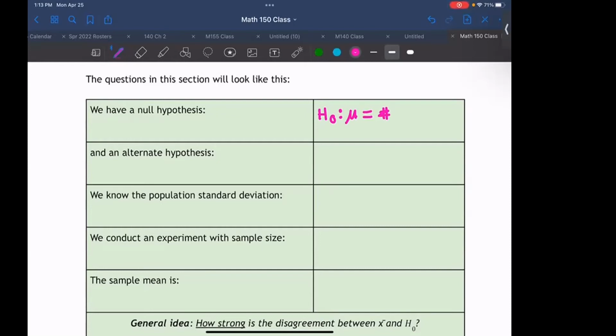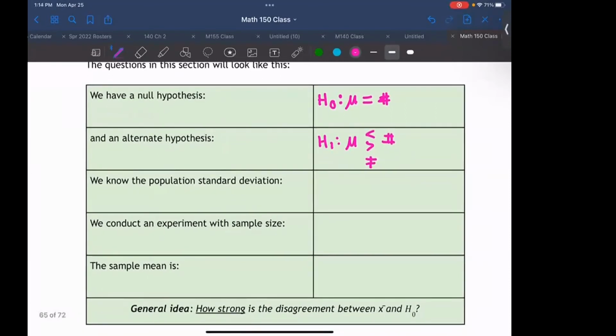Our null hypothesis is going to look like this. Next, we're going to have an alternate hypothesis, H1. We're still using mu, but it could be bigger than, less than, or not equal to some other number. I think we're all pretty good at that.